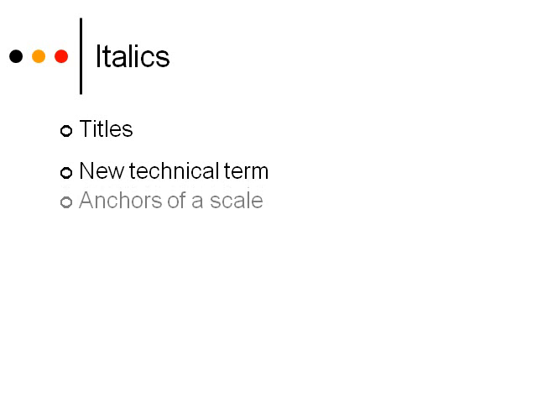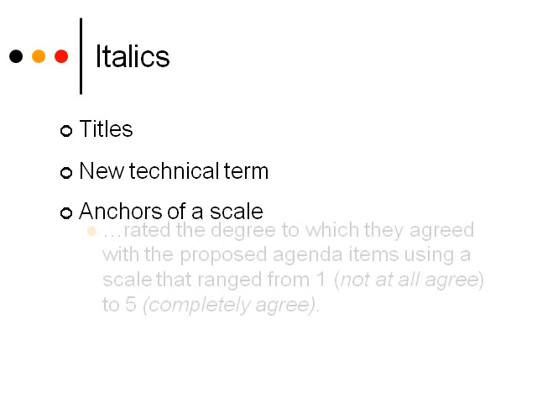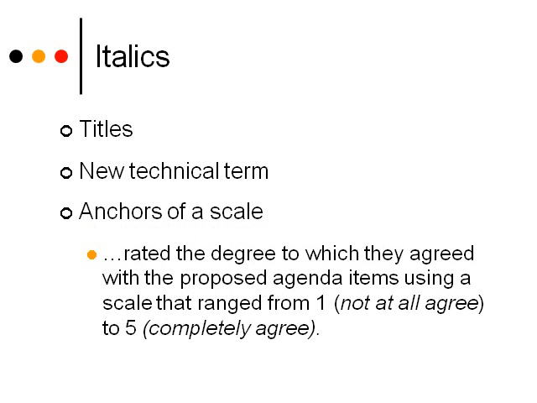And then the most common use of italics that you'll probably see usually happens in the method section. Anchors of a scale. Persons rated their likelihood of doing something from 1 to 10, and then what 1 stands for and what 10 stands for goes in italics. An example would be participants rated the degree to which they agreed with the proposed agenda items using a scale that ranged from 1 (not all agree) to 5 (completely agree).